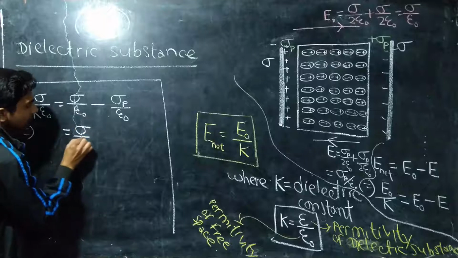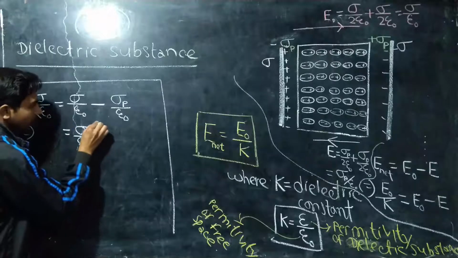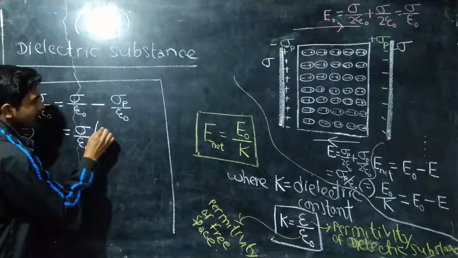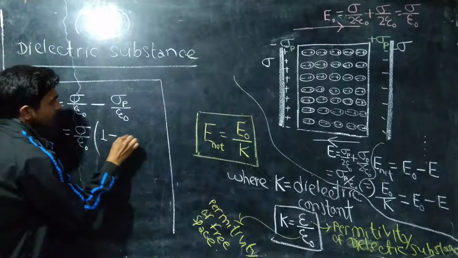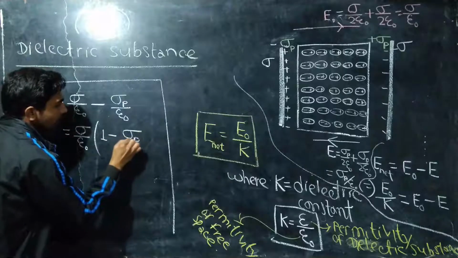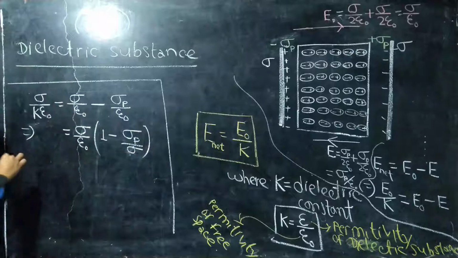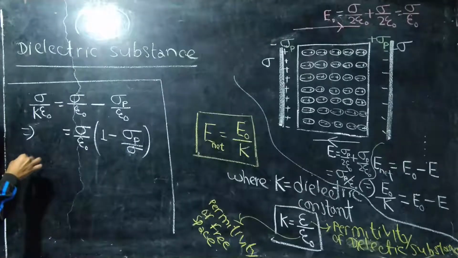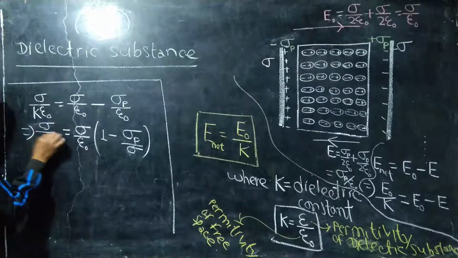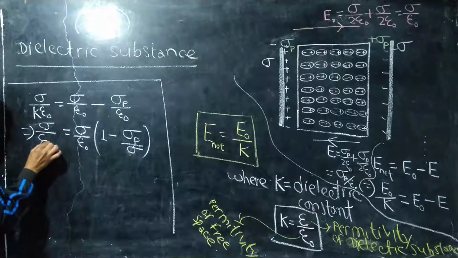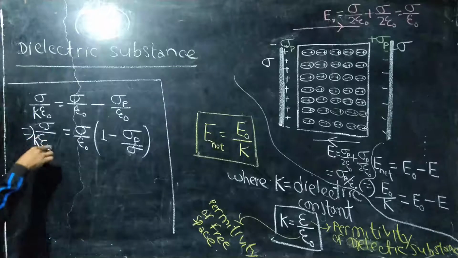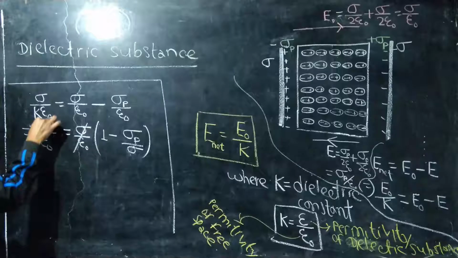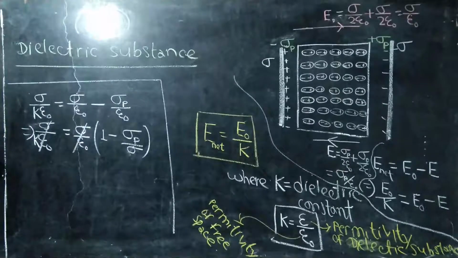Now you can see here, suppose I take sigma by epsilon 0 common. So inside the bracket, what value do I have? Sigma p by sigma. And this side I have sigma by epsilon 0 into K. Sigma by epsilon 0 cancels.